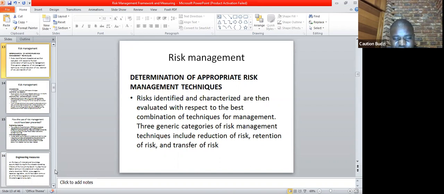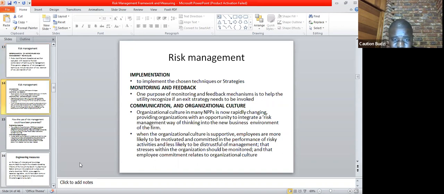So within these generic categories, they were supposed to implement some types of controls to try and manage or minimize the risk of these tsunamis and the probability of floods.